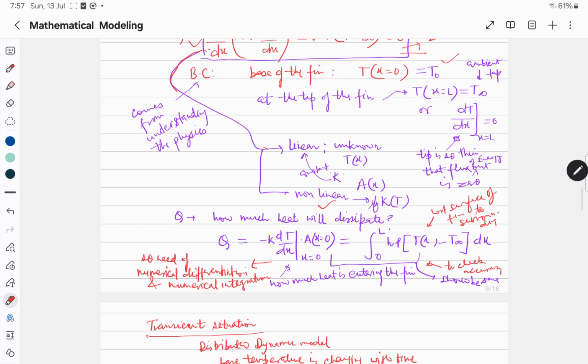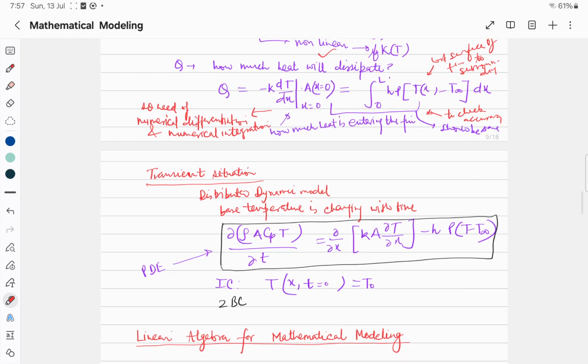So you have to integrate from 0 to L, hP (T(x) minus T infinity) dx. Now you see, once you have the profile of temperature as a function of x, you have to integrate, or you have to take the derivative. So we need numerical differentiation and numerical integration techniques.